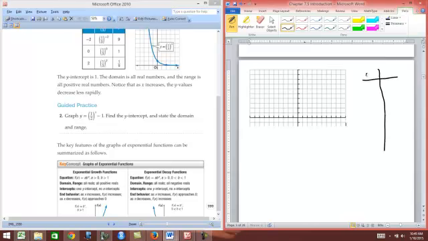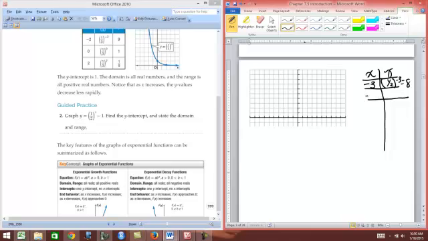So we have x and y. Now, b is 1/2. So if x is, say, -3, then y is going to be 1/2 to the -3, which is 2 cubed over 1, which is 8.